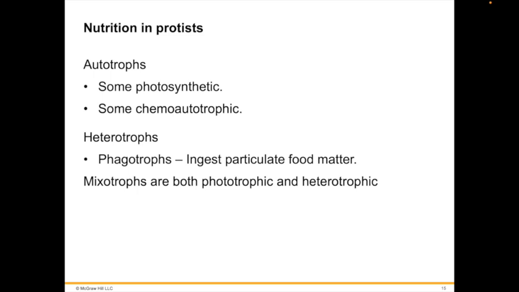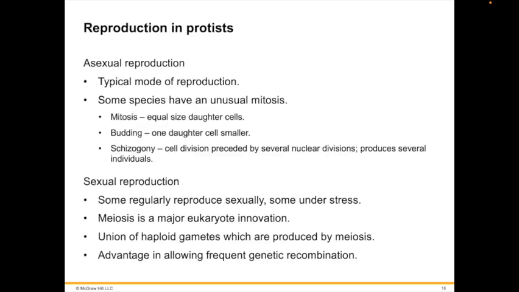Lysosomes fuse with food vacuoles, introducing enzymes that digest the food particles within. Digested molecules are absorbed across the vacuolar membrane. Another example of the protist's tremendous nutritional flexibility is seen in the mixotrophs, protists that are both phototrophic and heterotrophic.